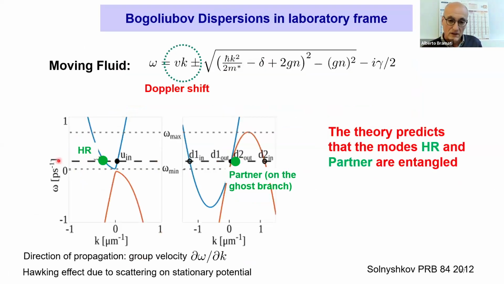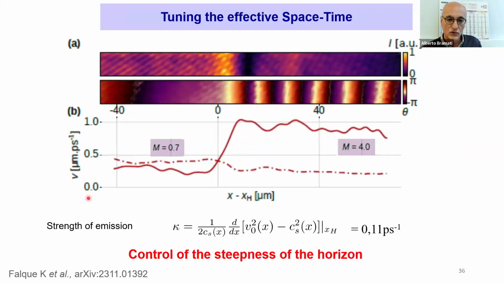Now, how is it possible to generate Hawking radiation? In order to characterize the effect, we have to know the collective excitation in both regions, in the subsonic region here and in the supersonic region here.